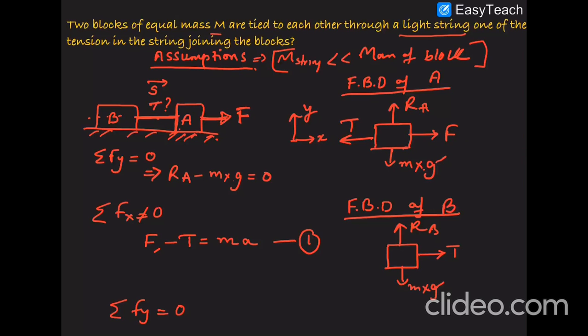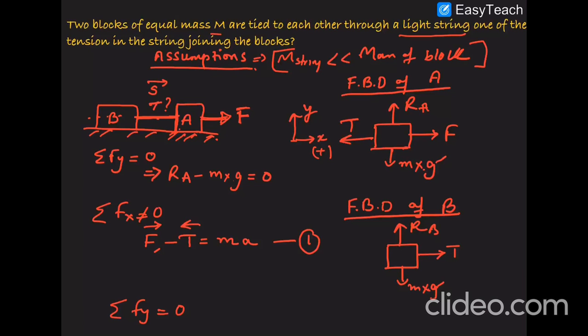Now what will be the equation in that direction? This force F is acting in this direction. Suppose we consider this as the positive direction, so the force will be acting on block A in this direction. Similarly, the tension which is acting on block A will be acting in the opposite direction, because it acts away from the body.